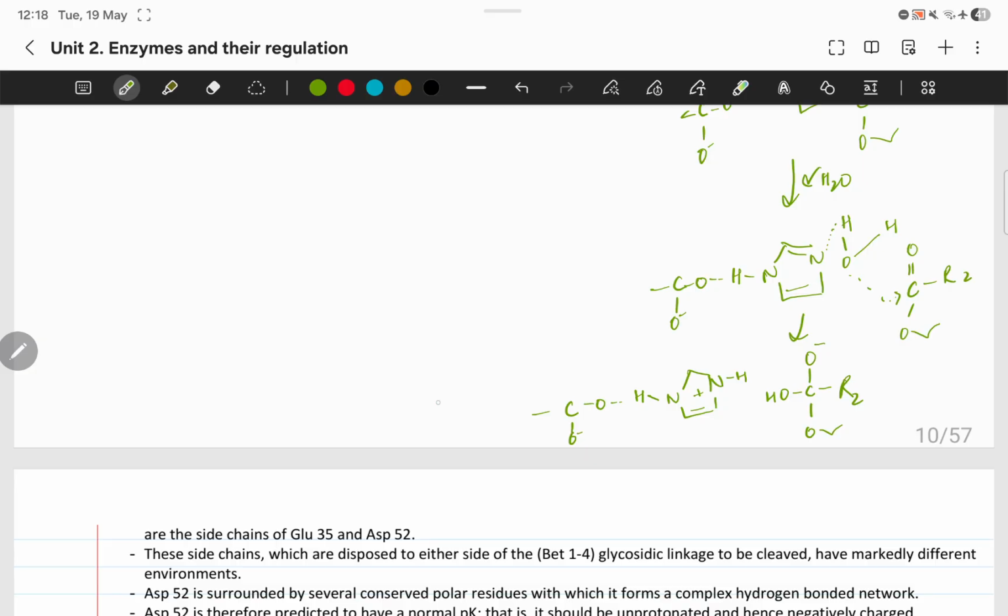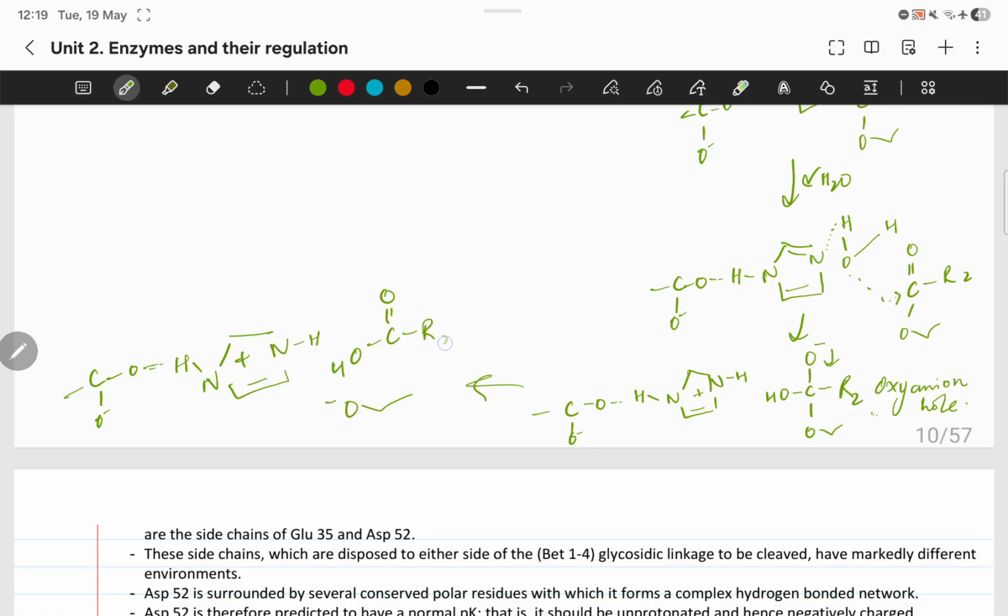Okay, so in the next step, see, this is still positive and N and H is here and this is here and this whole thing will come down now, C double bond O, OH and O negative oxyanion hole.